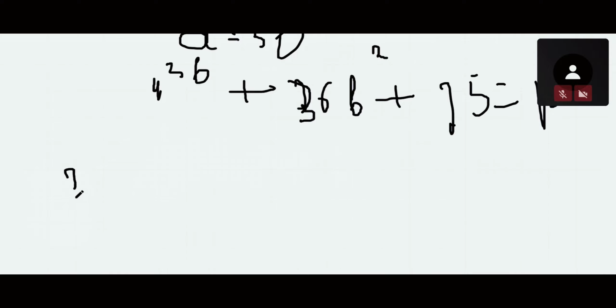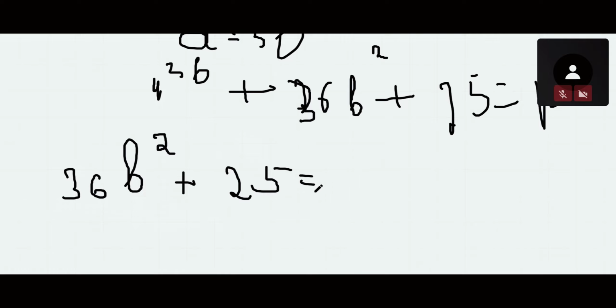Let's write it like this: 36b squared plus 25 is equal to p cubed minus 4 to the power of 3b.